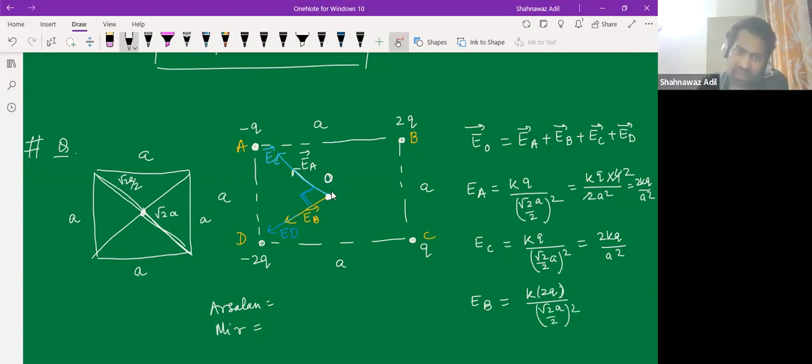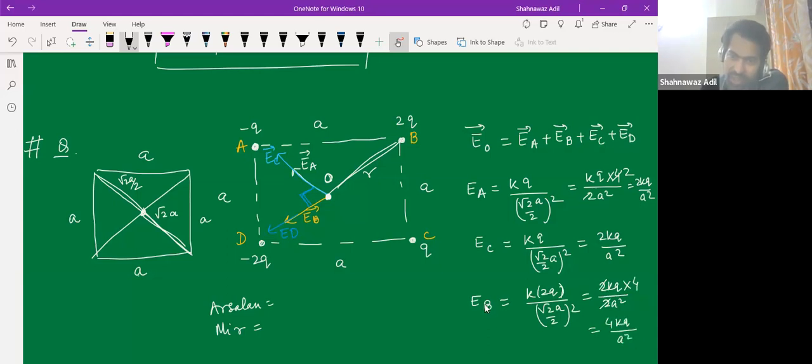Right, that is the distance square, whatever R square. So R is root 2a by 2. Good, that is correct. Absolutely. So this part cancels, and this is 4KQ by a square.